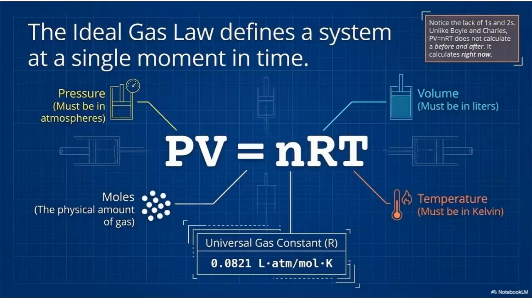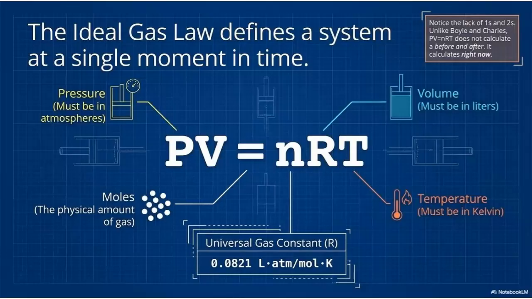Ideal gas law. Let's talk about it a little more. We are assuming gases behave ideally just to simplify things, to make things easier. So the ideal gas law combines the pressure, which usually must be in atmospheres, volume, which has to be in liters, moles, which is just moles, and temperature, which has to be in Kelvin.